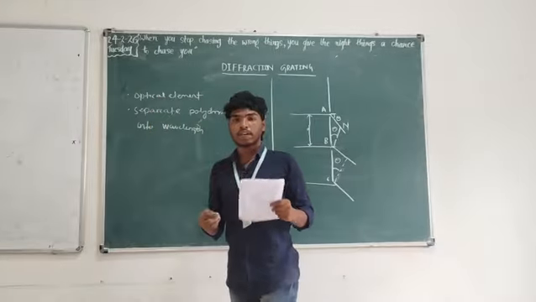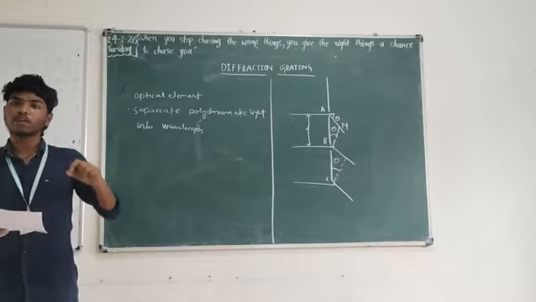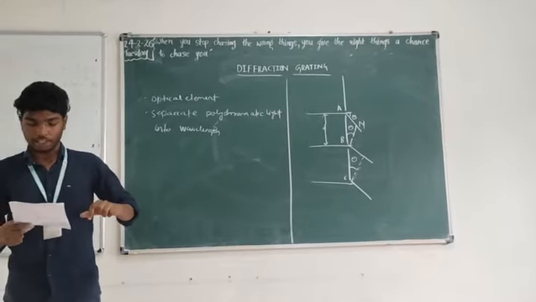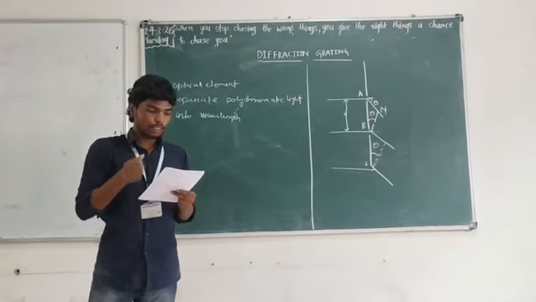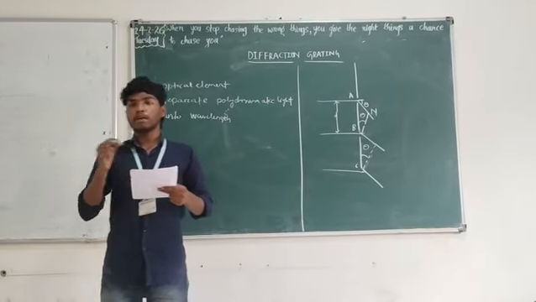We know that different lights have different wavelengths, so the diffraction grating will also act differently for different light and its wavelength. Typically, a diffraction grating will have something like 600 lines per millimeter.